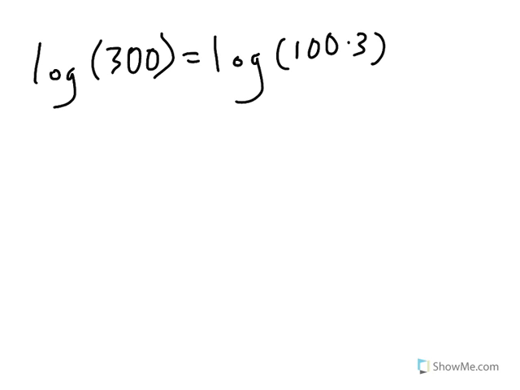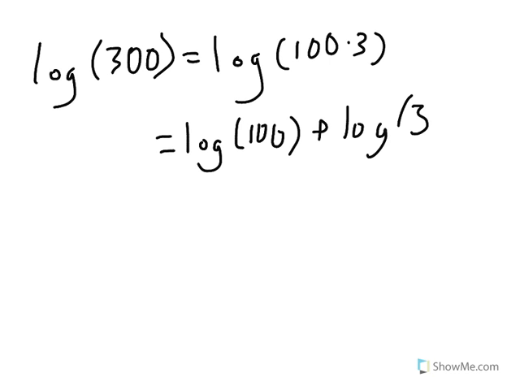The reason this might help me out is because now that I have that log of 100 with the base of 10, just like in the previous example, if I separate it out into the log of 100 plus the log of 3, I can see again that this log of 100 is going to equal 2.